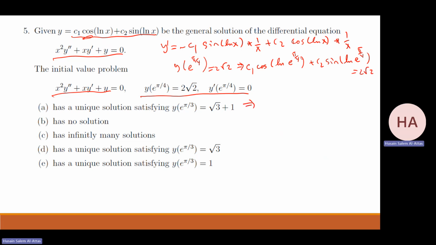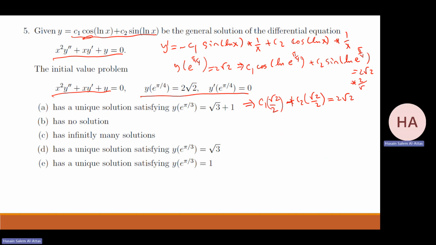So I have what? Cosine of ln e^(pi/4), it's pi over 4. Cosine pi over 4 is square root 2 over 2, and the same thing here: C1 root 2 over 2 plus C2 root 2 over 2, that equals square root of 2. So I need to simplify this.